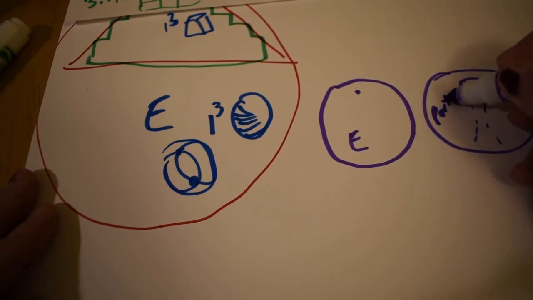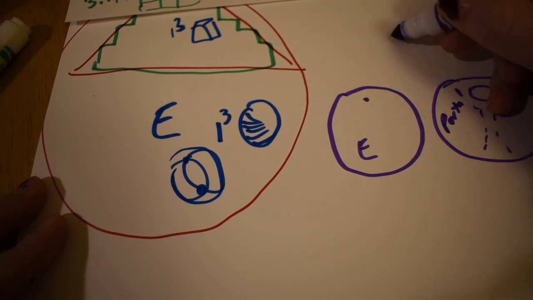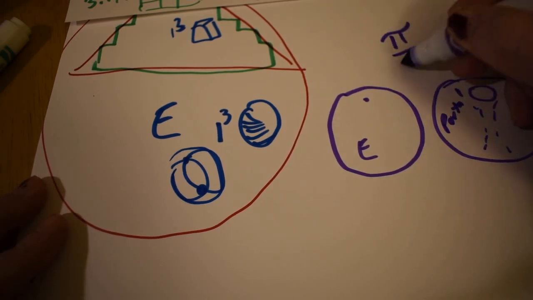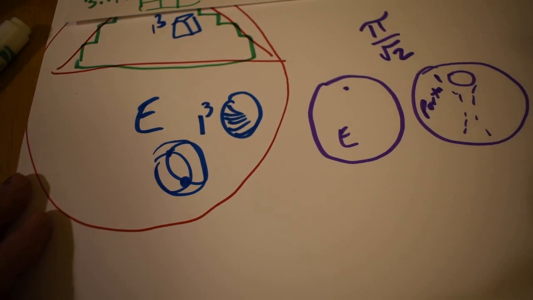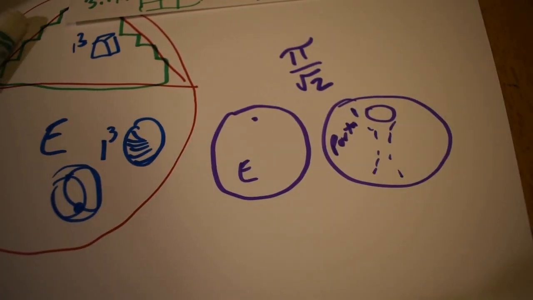Right, the portal. And my brain told me pi over the square root of 2. And I was like, okay, well, where did that come from?